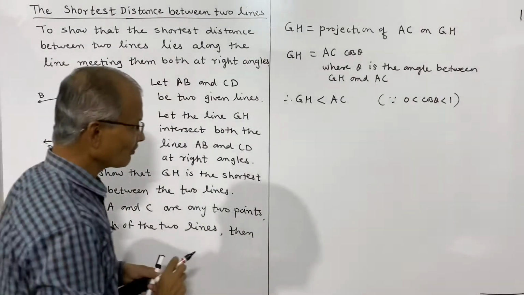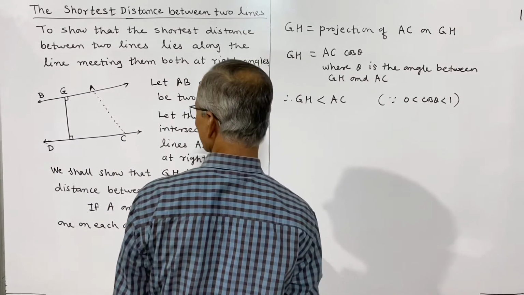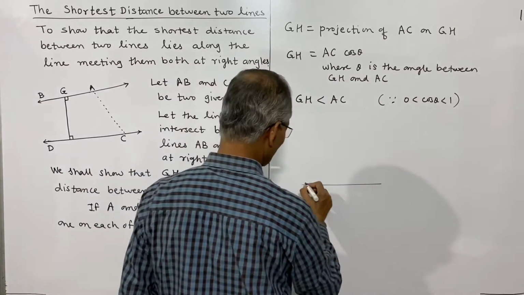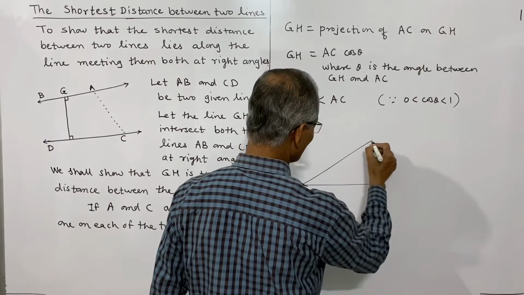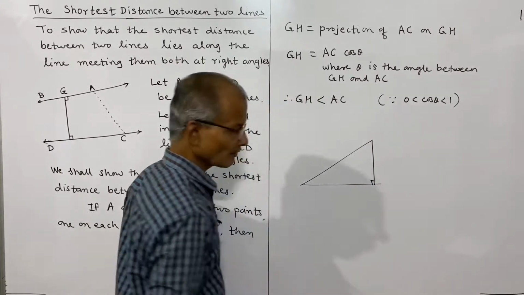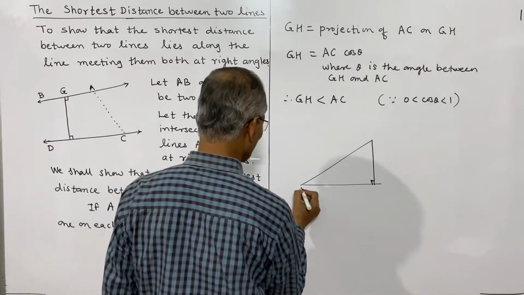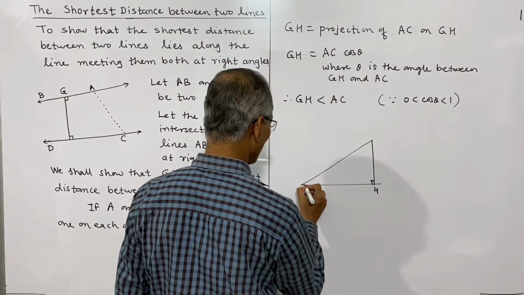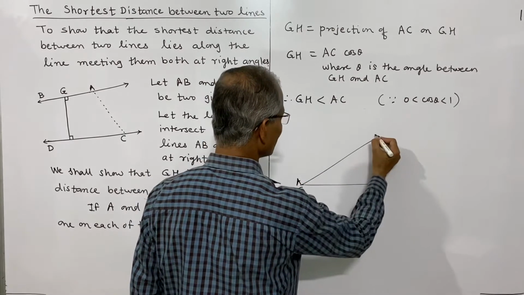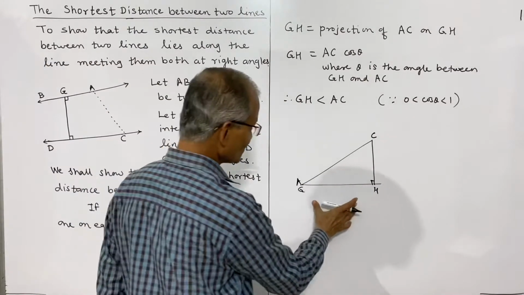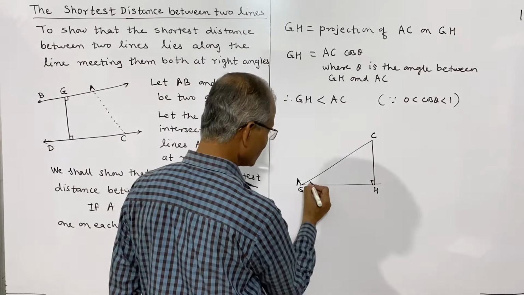So what is the meaning of projection? If here it is GH and this point A is coincident with G, then GH is the projection of AC on GH itself.